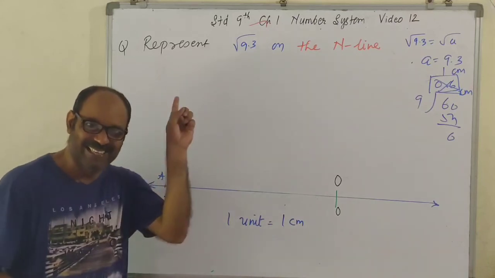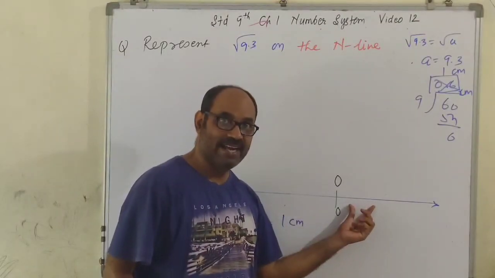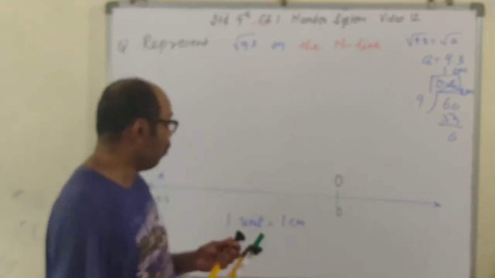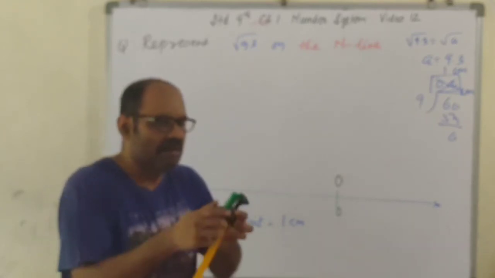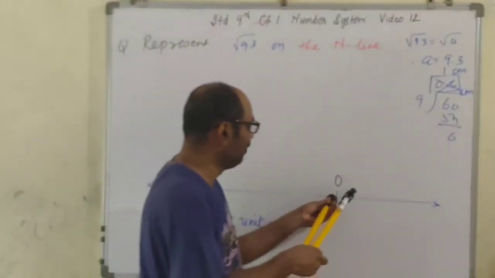Did you get that? In the beginning we saw. Okay, fine. Now I have to choose 1 unit ahead. I'll choose point B this time, which is just 1 unit, and 1 unit is 1 centimeter. Okay, 1 centimeter is very small. So here it is 1 centimeter.